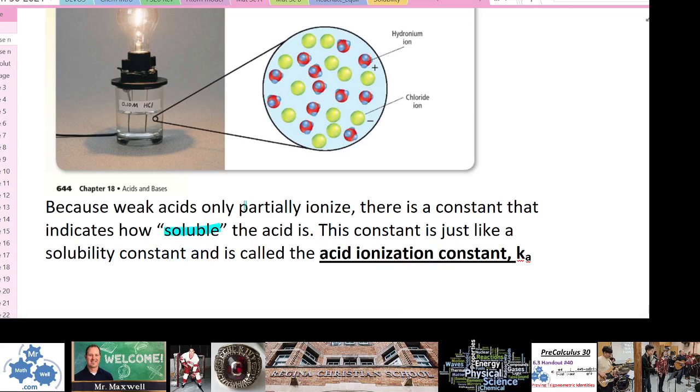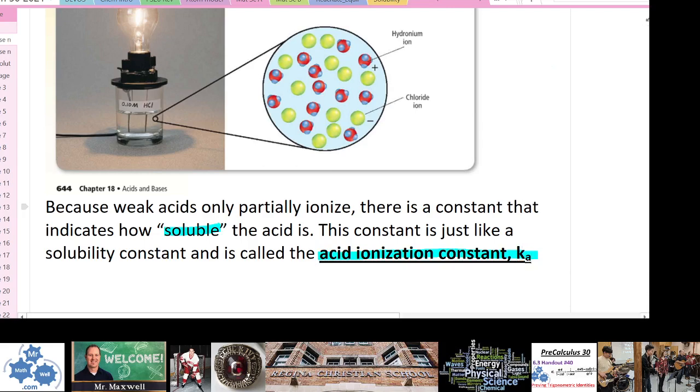Now, I put soluble in quotes because it's kind of like the solubility product constant concept that we just got finished learning about. But it's a little bit different. This constant is just like the solubility constant, but it's called the acid ionization constant, or Ka. Okay, K sub A.